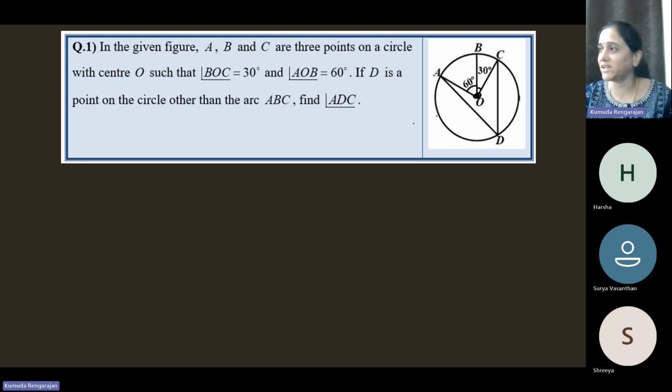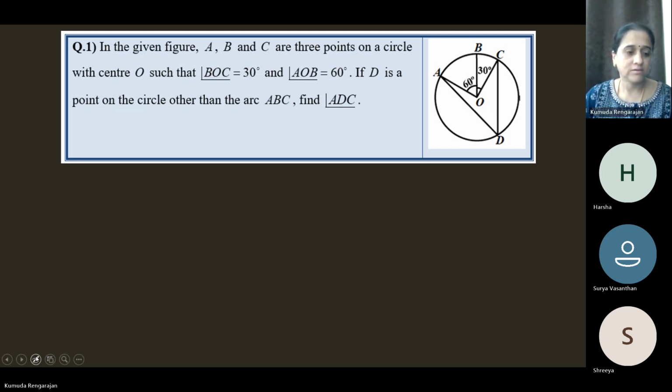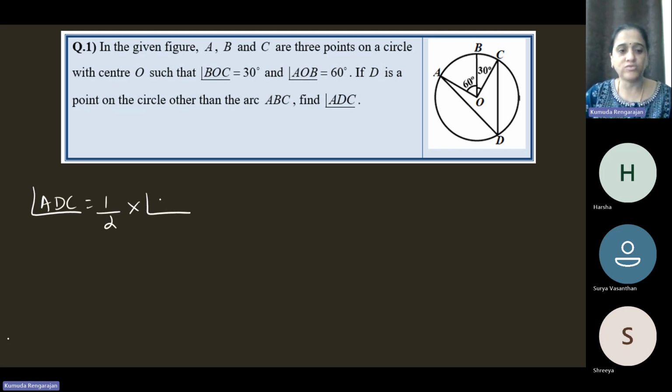The center angle is very powerful. This one is half of it. AOC is 90, so this one is 45. You should write angle ADC is equal to half of angle AOC, so half of 60 plus 30, which is 90.